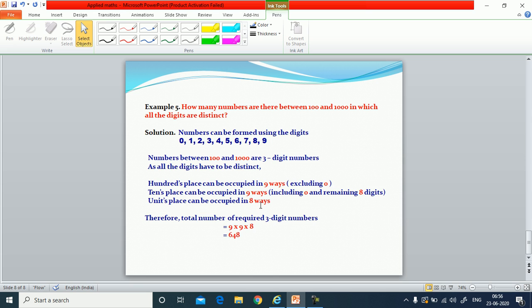So units place can be occupied in 8 ways. So we can make out the total number of required 3-digit numbers will be how many? 9 into 9 into 8, because these are the number of ways in which the hundreds, tens and units place can be occupied. So we get 648 3-digit numbers which are between 100 and 1000, and none of the digits is repeated.